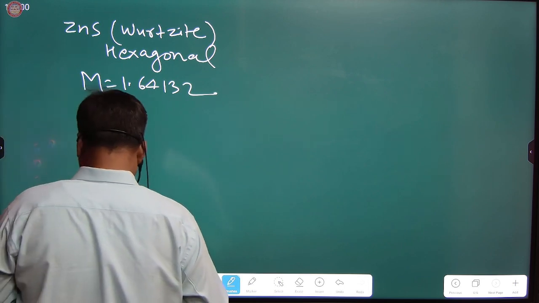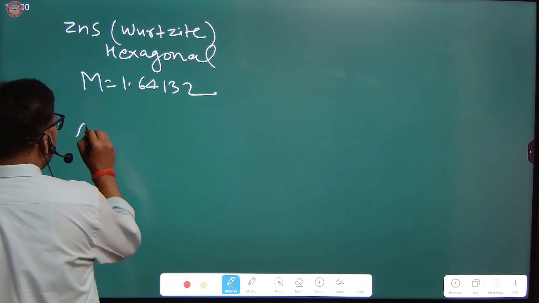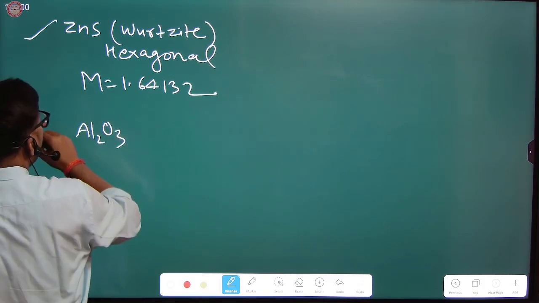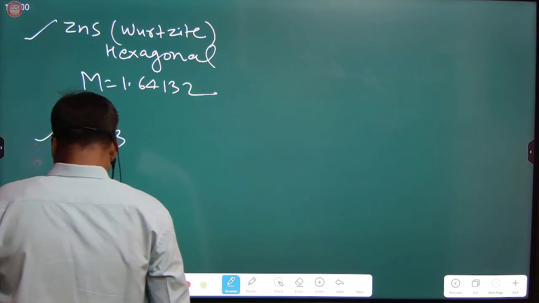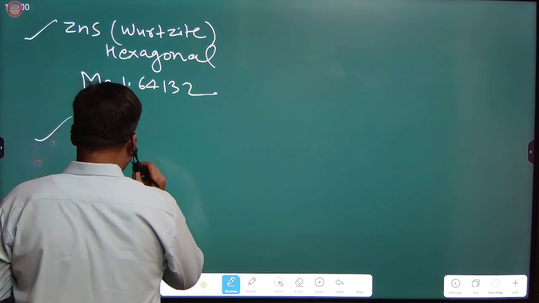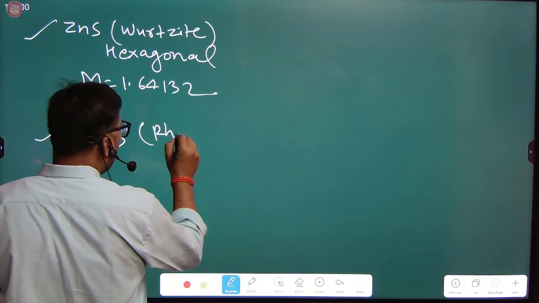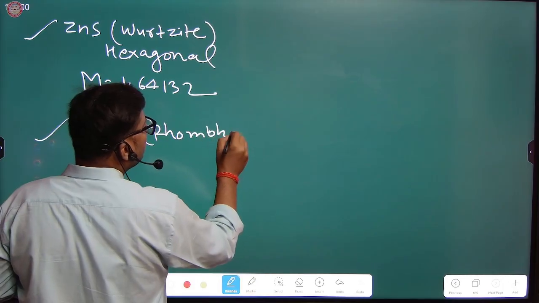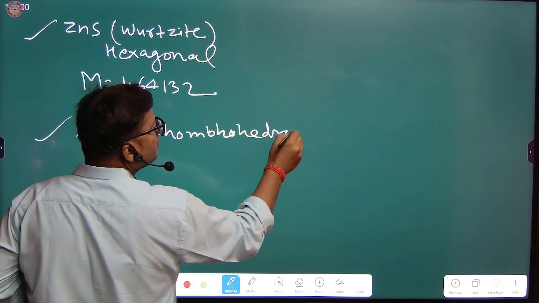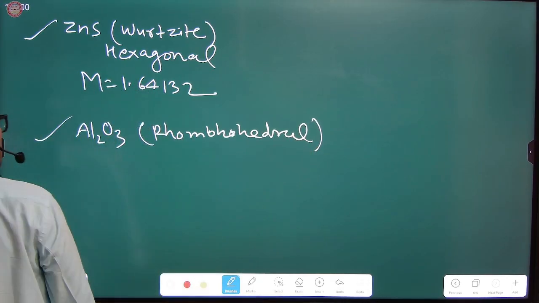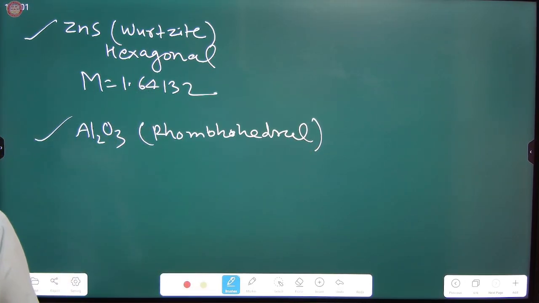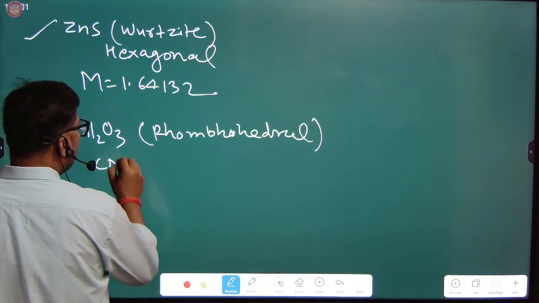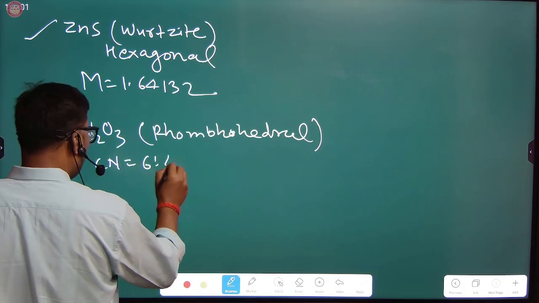And another fantastic example is alumina, Al2O3. It has a rhombohedral structure, and it has the coordination number 6:4.